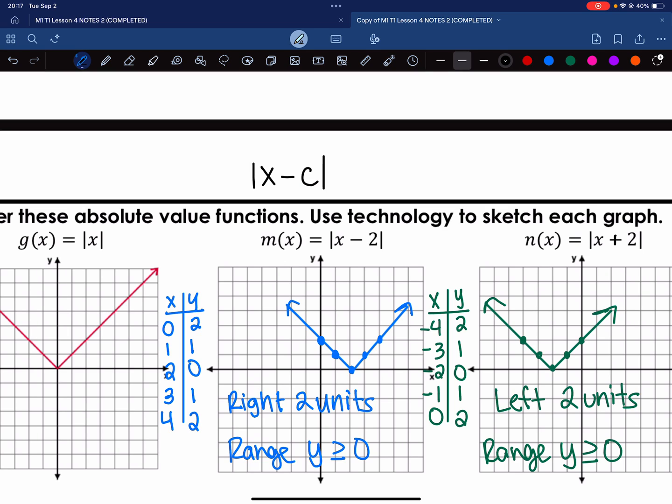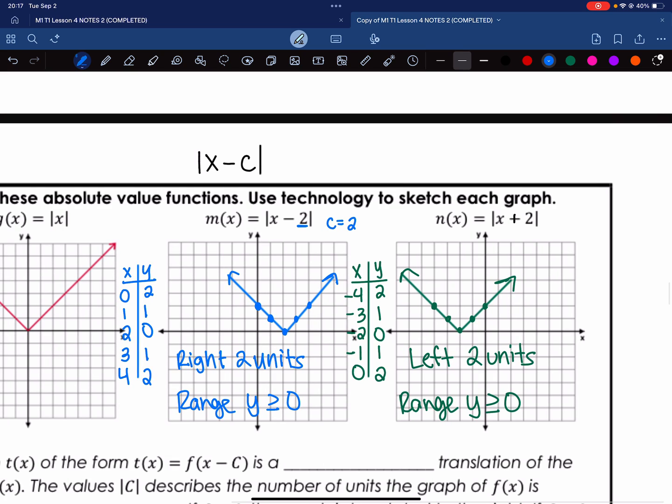In this case, for m of x, we plugged in a c value of 2, which is why it's x minus 2, and it's going to the right. But on n of x, our c value is not 2. It is negative 2. And that's why it went to the left.